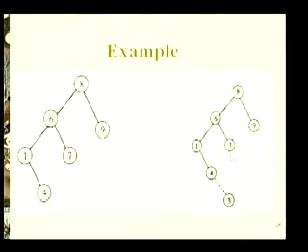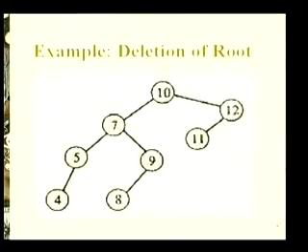But suppose we want to delete the root itself, then what is going to happen? For that, I think we would like to see a better tree diagram where we are trying to delete the root. Suppose I want to delete the root. In that case, which is the most likely successor which can replace this particular value?